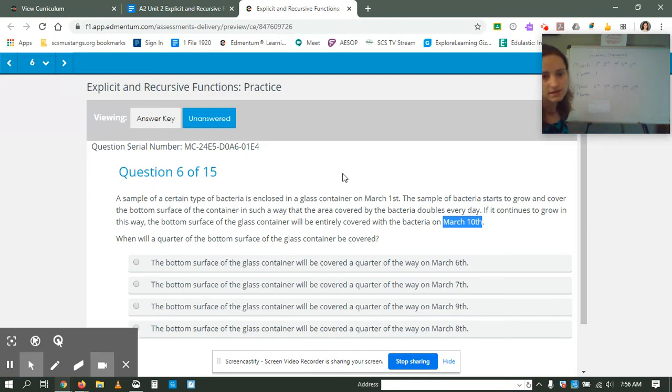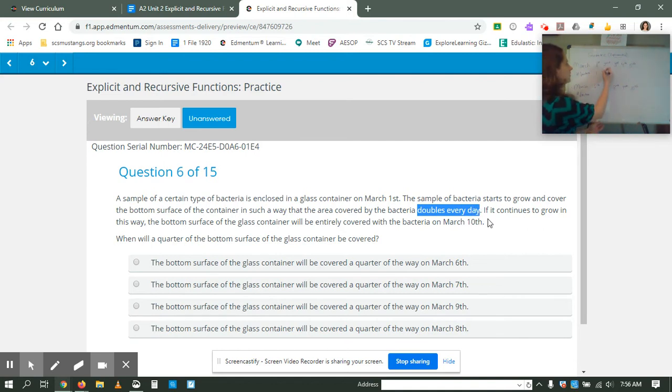So 1 times 2 is 2, 2 times 2 is 4, 8, 16, 32, 64, 128, 256, and 512. So there are going to be 512 bacteria on that 10th day. It says this is 100% covered on the 10th day, so 512 bacteria is the amount that it would take to cover that.